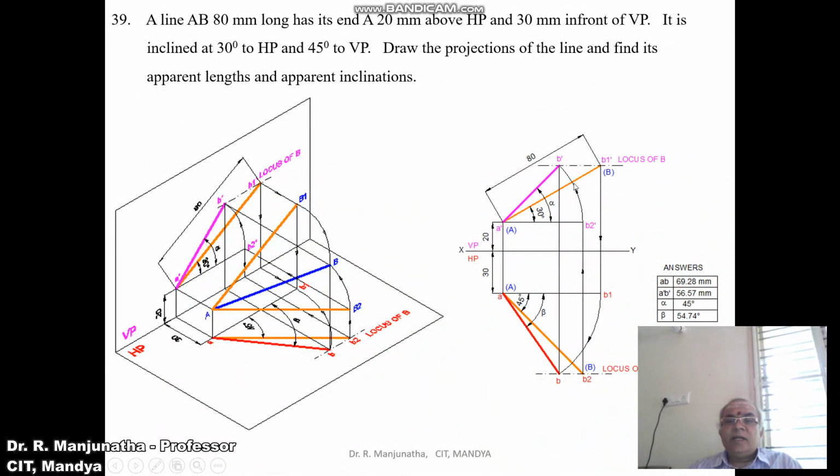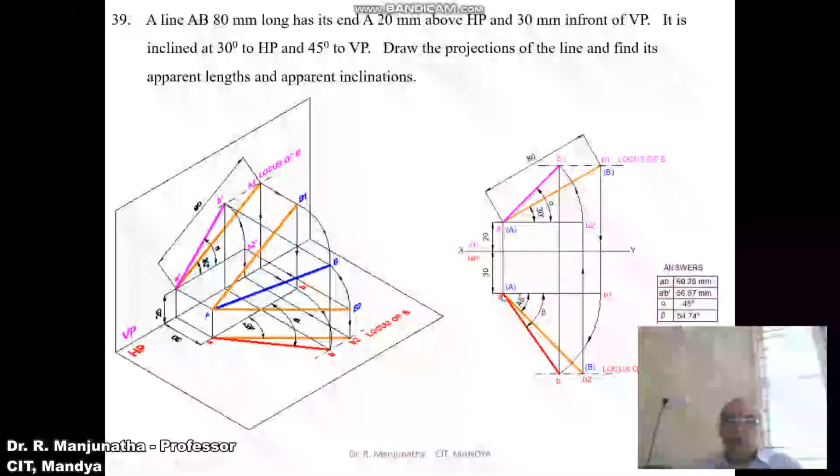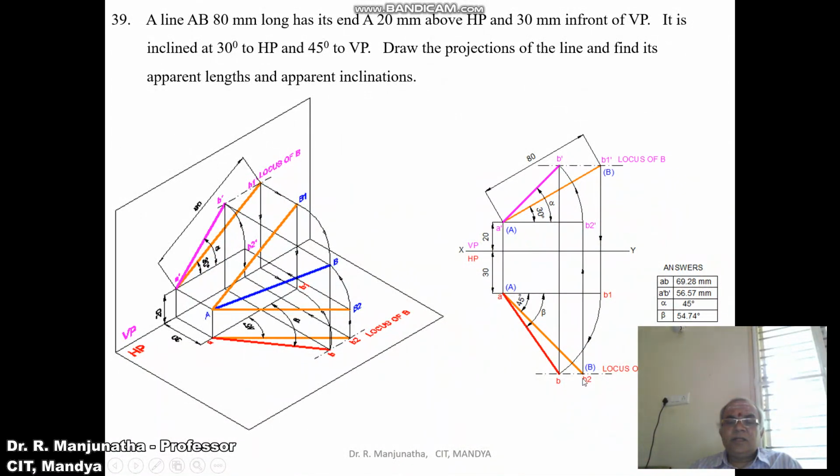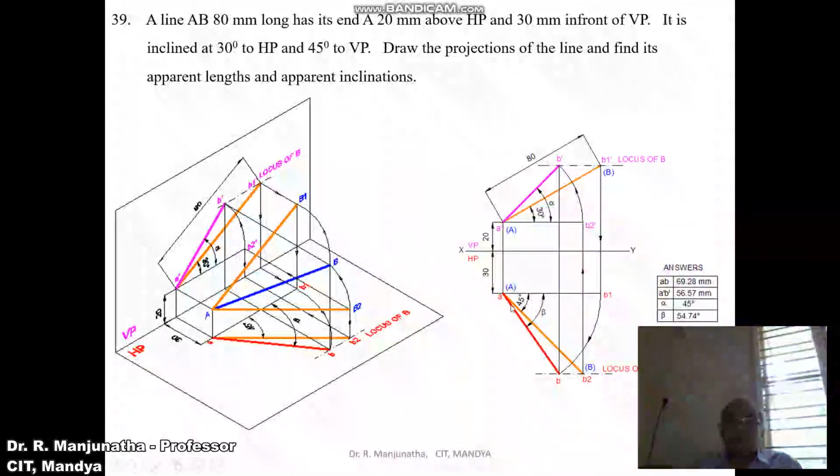Then join A dash B1 dash a little bit darker than the XY line. Similarly, with A as center, take the radius of 80 mm and cut an arc on this 45 degree line. Mark this point as B2. Then write capital B here and capital B here and join A B2 a little bit darker than the XY line.